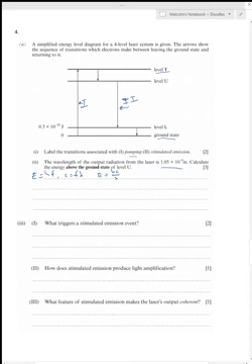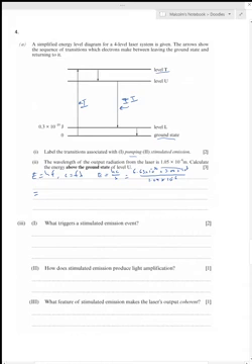The wavelength we're given, so we're trying to find energy here. So 6.63, Planck's constant, times 10 to the minus 34, times speed of light, divided by this given wavelength, 1.05 times 10 to the minus 6. That gives us the photon energy for this laser.